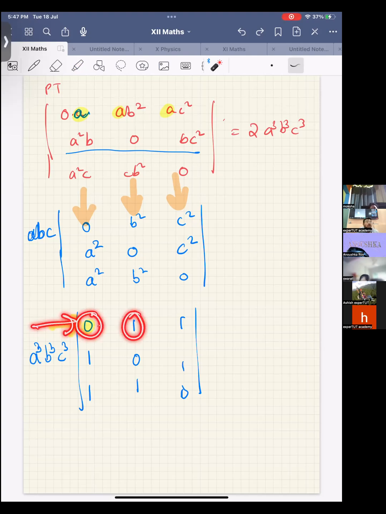I'll make this also 0. How do we make this 0? We just do, watch carefully, C2 is C2 minus C3. Understood? But the moment you do C2 is C2 minus C3, what is going to happen? 1 minus 1. Yes, you get 2 by expanding, but the general method is that you have to make 2 zeros.